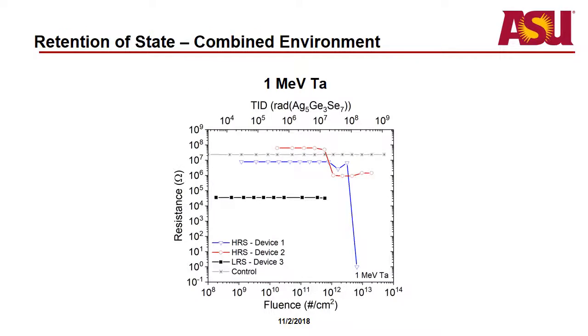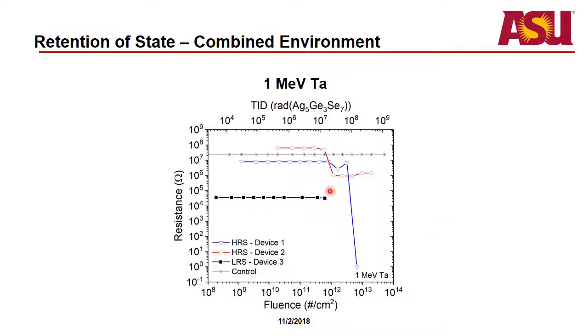And then here are the tantalum devices, the devices that were exposed to 1 MeV tantalum ions. We had two devices that were programmed into a high resistance state and one in a low resistance state. The reason there are so few devices for this data set is that this was actually the first ion beam exposure we did. So we didn't know where these thresholds were, especially for this device that was initially in the low resistance state.